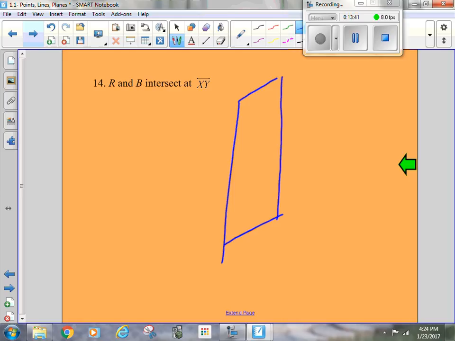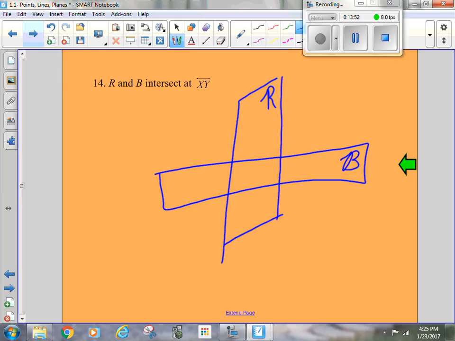I'm going to label this one plane R, and then I have another plane B going through, and then I have they intersect at line XY. It's a little hard to see, but they intersect at line XY.